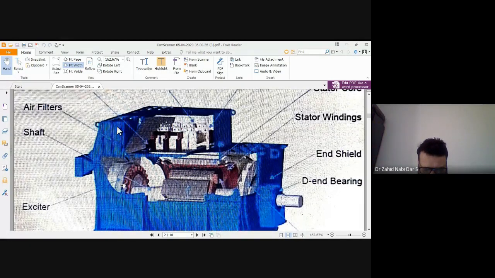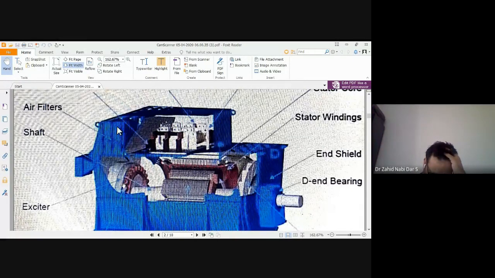So we can see that your armature is not a singly fed machine, meaning you have two power supplies. One is your AC power supply, another is your DC power supply, that are exciting the machine. Basically, the stator of a synchronous generator is identical to that of a three-phase induction motor.